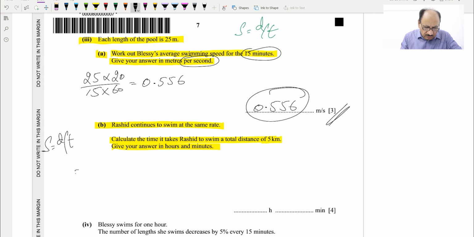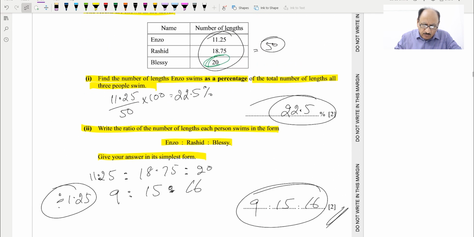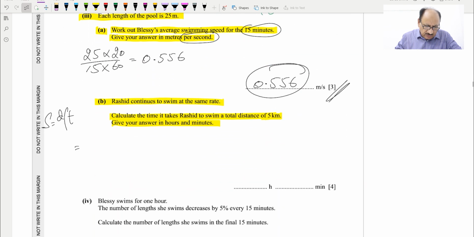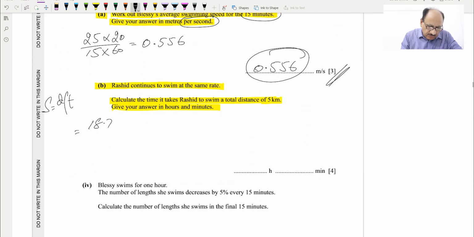His distance is basically 18.75 lengths he has covered, each length is 25 meters, and he is taking 15 minutes to cover this, and 5 kilometers basically he has to cover.